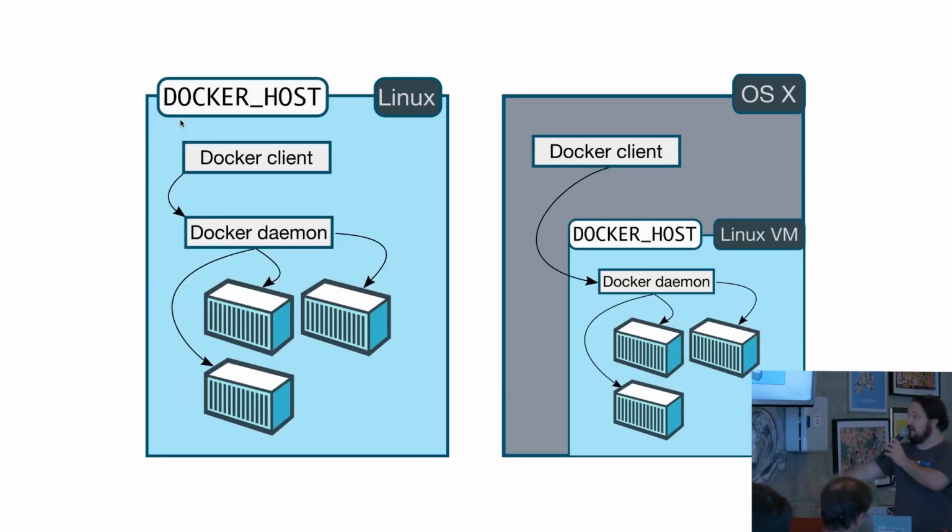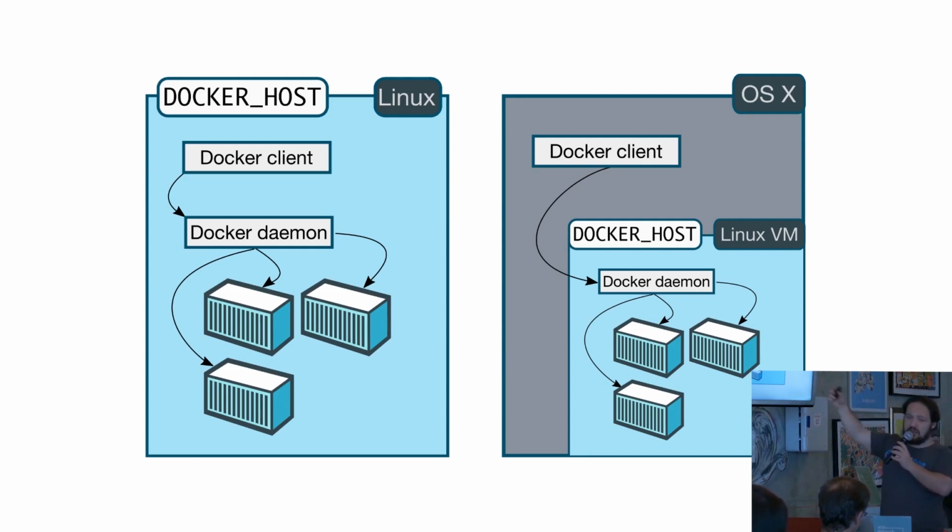Unless you specify an environment variable called DOCKER_HOST, and then you can set maybe a TCP endpoint, maybe some other server where the daemon is running, and you can send commands remotely to other places. Okay, understood?